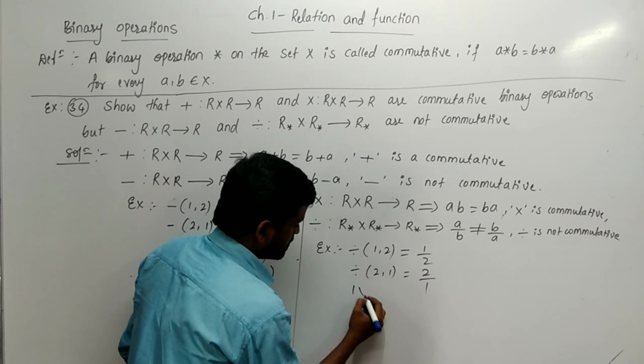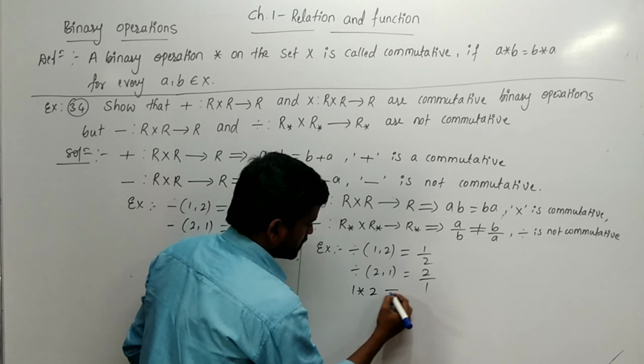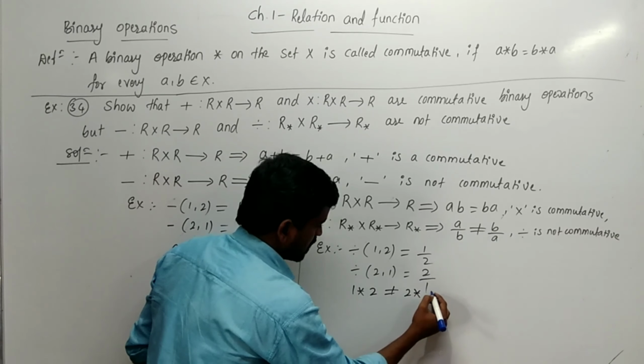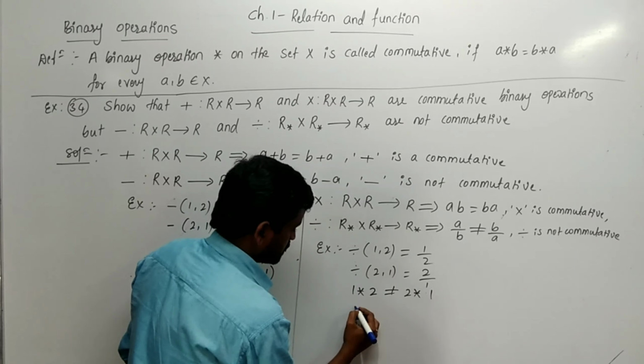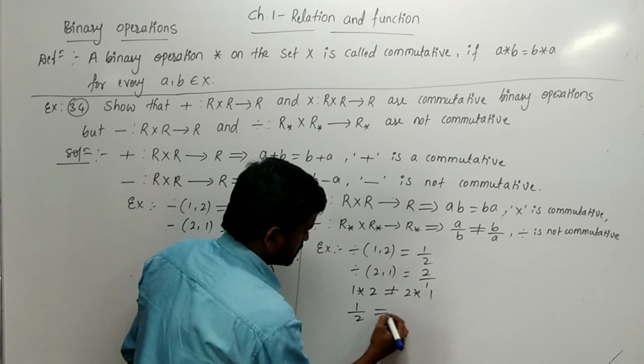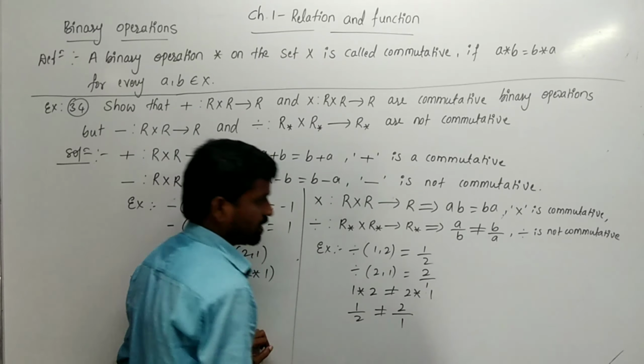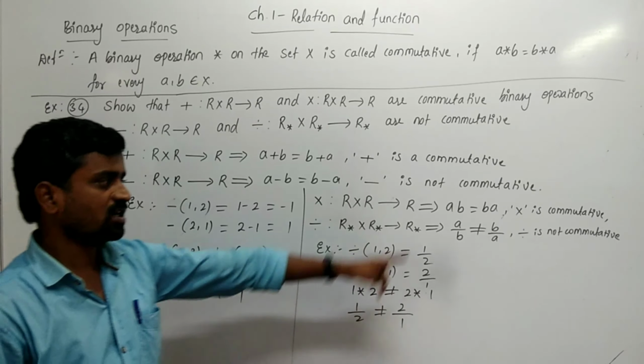Then 1 star 2 is not equal to 2 star 1. Then 1 by 2 is not equal to 2 by 1. Therefore, division is not commutative.